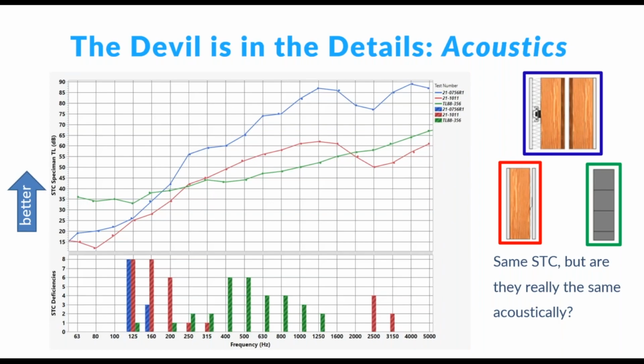And if we have something like a home theater or a band rehearsal hall, where we're particularly concerned about low frequency noise, then maybe that single stud STC 50, 2x4 wall with resilient channel, is not the best option. Maybe we need to look at something with more mass, like the CMU block wall that does well at low frequencies. But then we also have to consider mid and high frequencies, so there are a lot more details to pay attention to beyond just the STC rating.